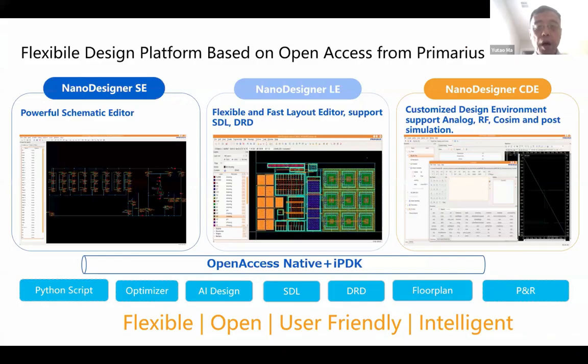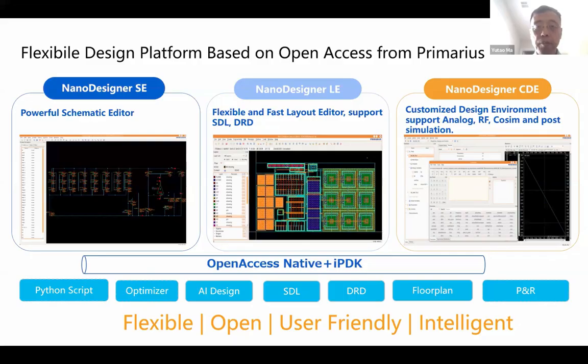In order to hook up all those tools used for analog and mixed signal design and verification, and provide the user a good platform for schematic, layout design, and optimization, as well as physical verification, we have to develop a flexible design platform.